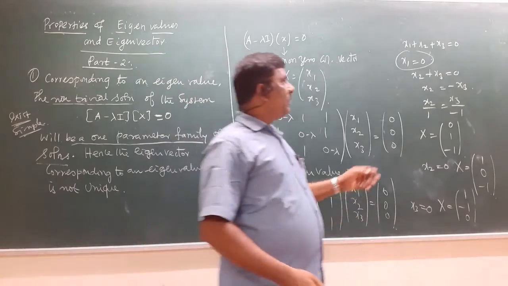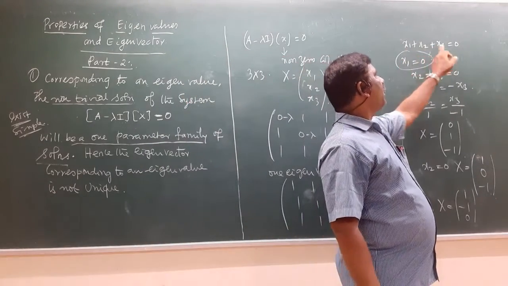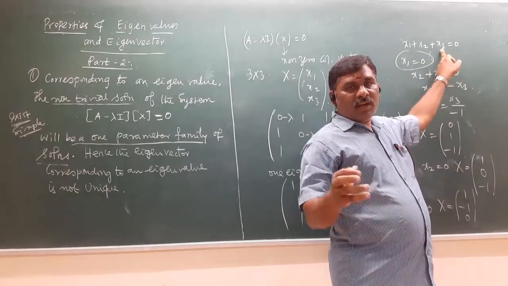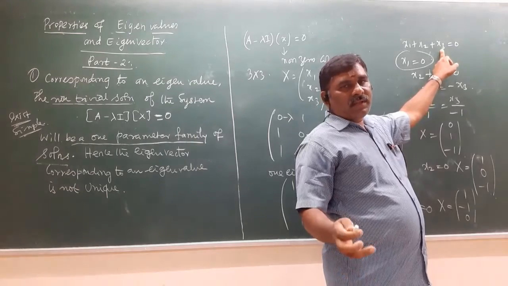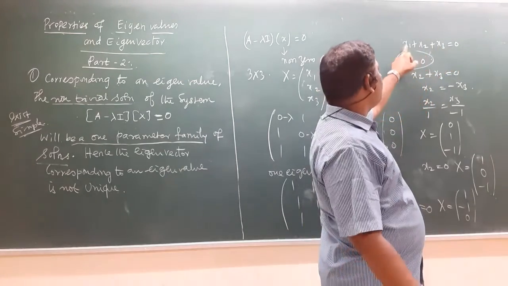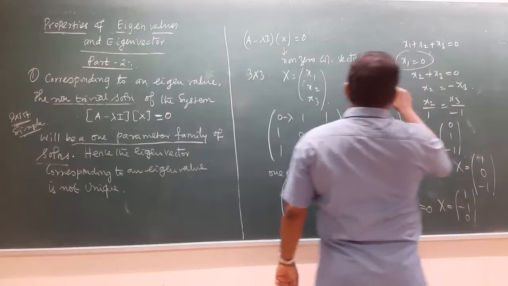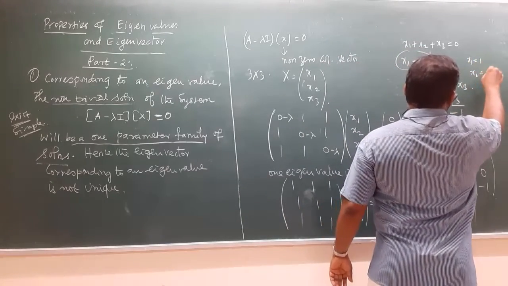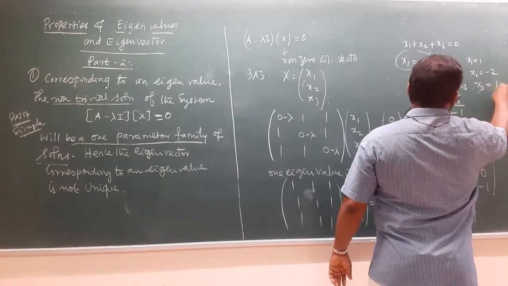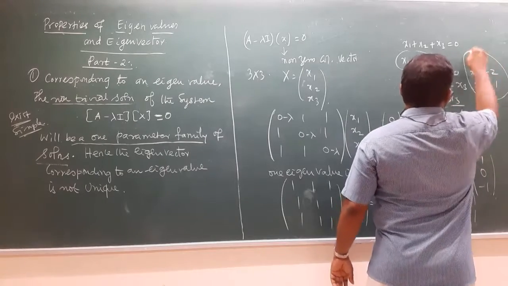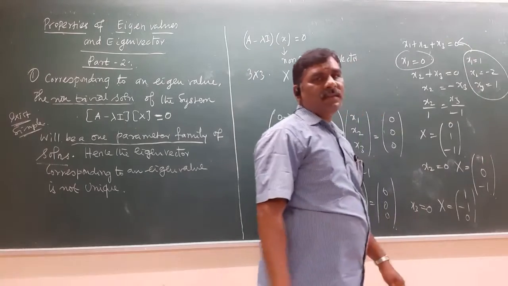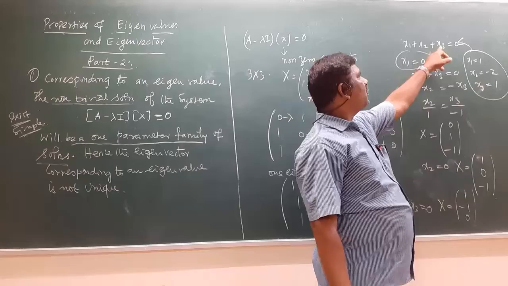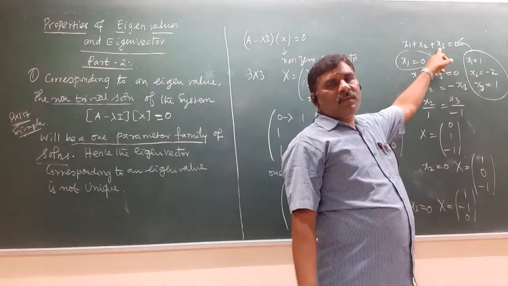How? Whichever satisfies the solution. If you are substituting some values x1, x2, x3 which are not all equal to 0, that is one eigenvector. For example, if I substitute x1 equal to 1, x2 equal to minus 2, x3 equal to 1, even this value also satisfies this equation. You can check that substituting 1, minus 2, 1, that is also equal to 0.